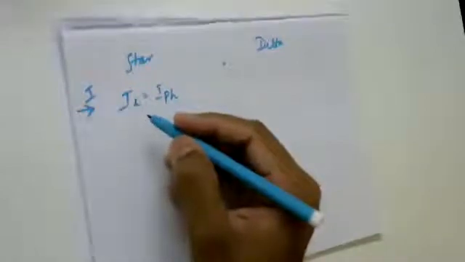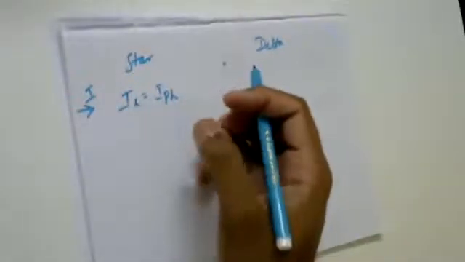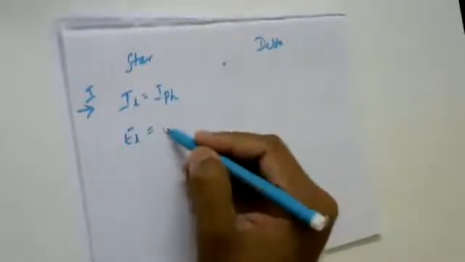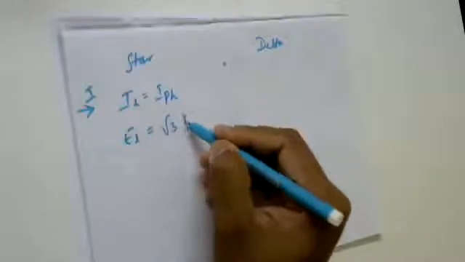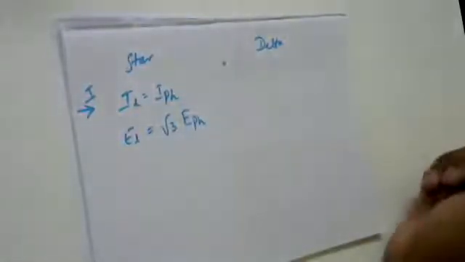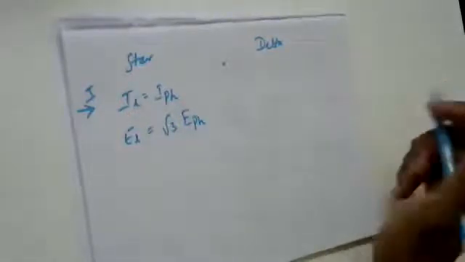Am I right? Then what about the voltage? Here the line voltage is root 3 times that of the phase voltage.